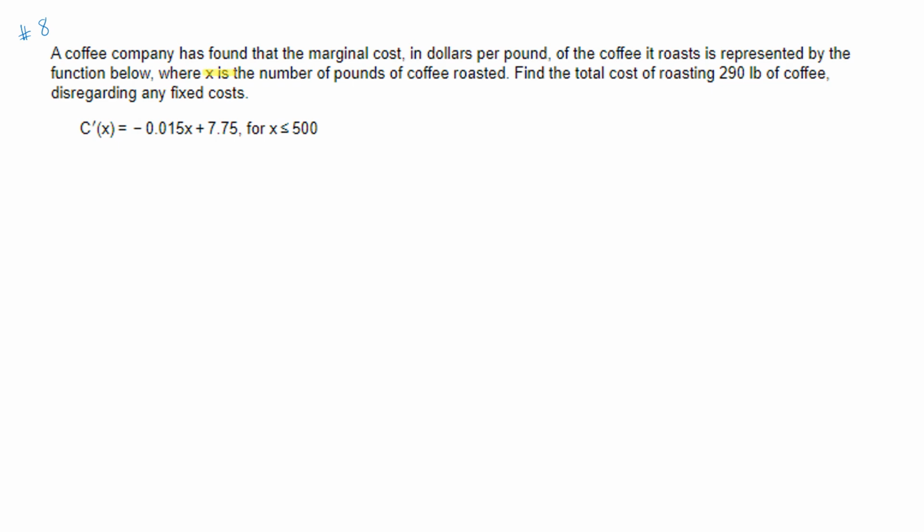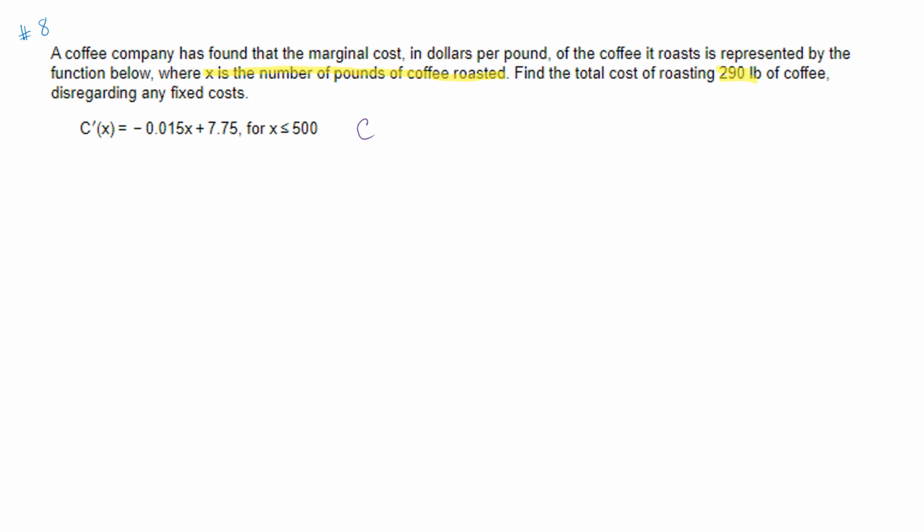So X is the number of pounds of coffee roasted, and we want to be looking at 290 pounds of coffee. So I think everybody will agree with me if I say our starting point would be 0 pounds sold.